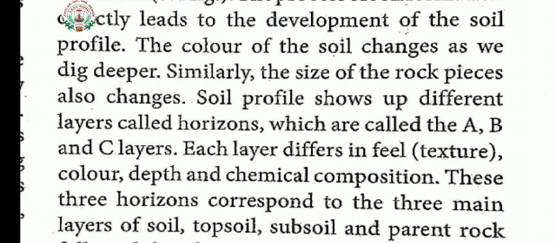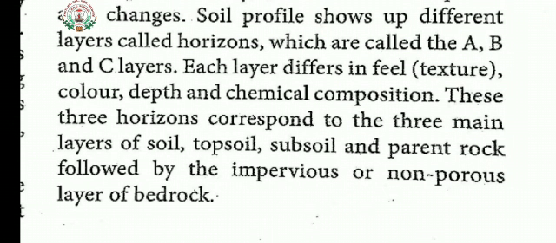The color of the soil changes as we dig deeper and deeper. The size of the rock pieces also changes. So the soil profile shows different layers that are called horizons, which are horizon A, horizon B, horizon C and horizon D. Mainly the soil profile has three different layers: topsoil, subsoil and parent rock.